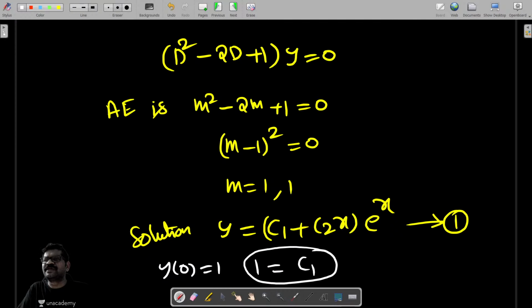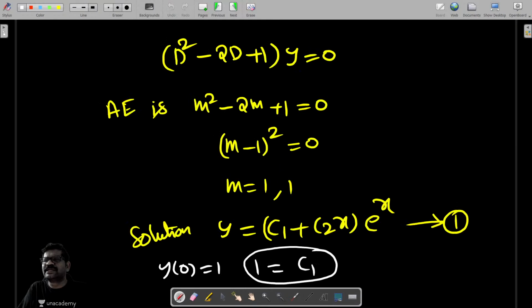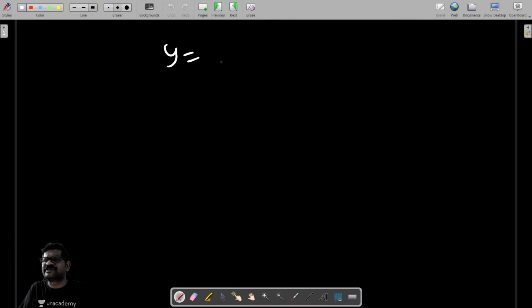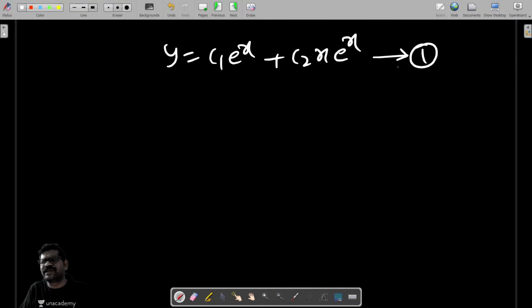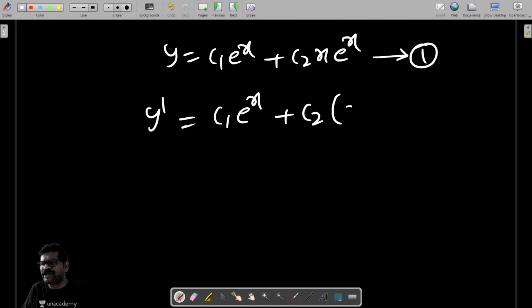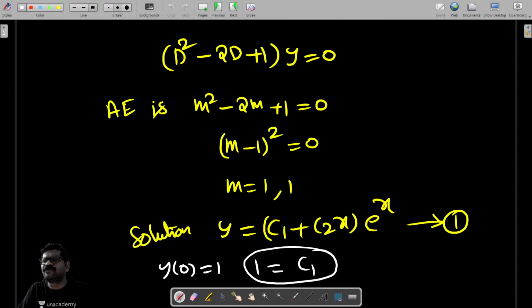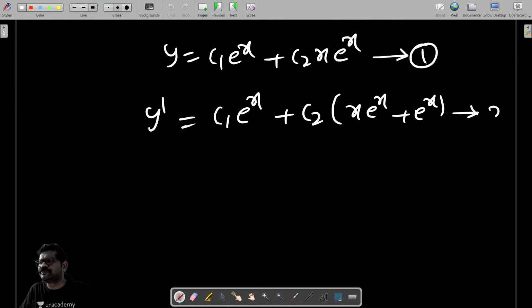Next, y equal to c1 e power x plus c2 x e power x, that is equation 1. If you calculate y dash, c1 e power x plus c2 into x e power x plus e power x. This is called equation 2.